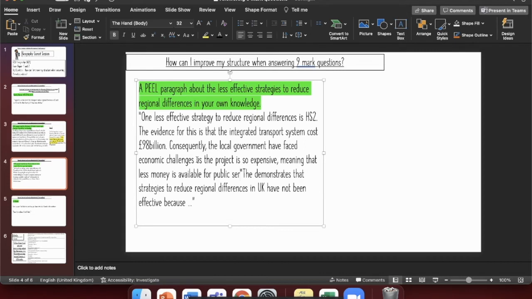And I used the example of healthcare before, so I'm going to use it again for public services such as healthcare.